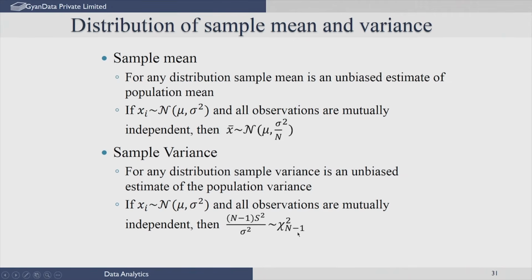We already saw the chi-squared is a distribution of a random variable which varies between 0 and infinity, and that distribution can be used to characterize S squared, and we can later do hypothesis testing on whether sigma squared is some value and so on using these distributions, as we will see.